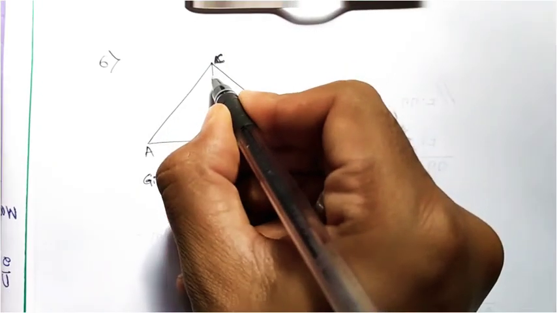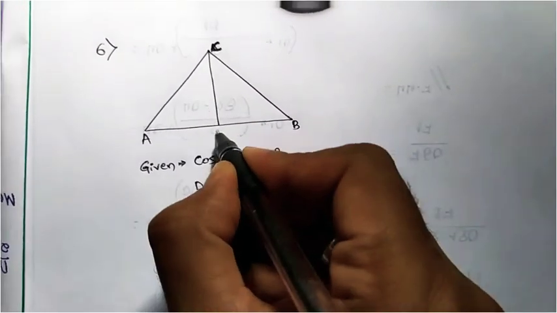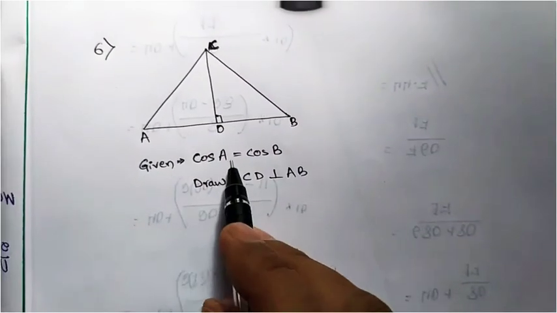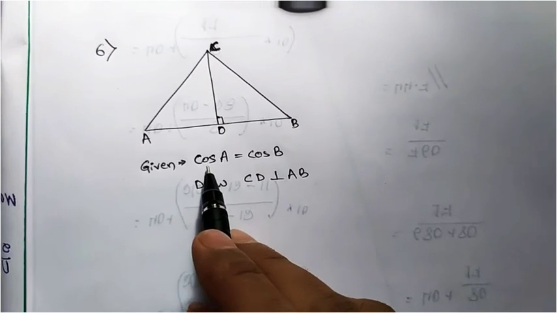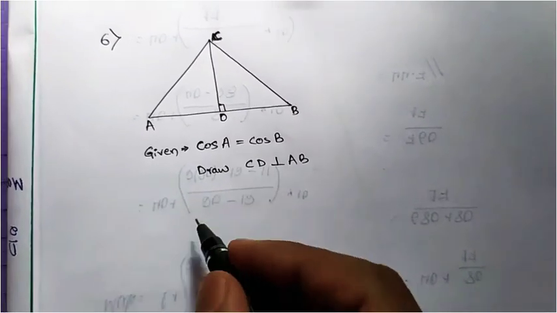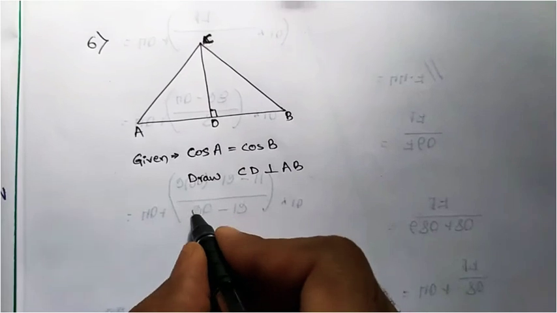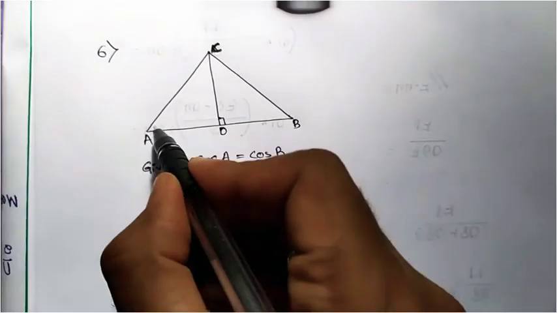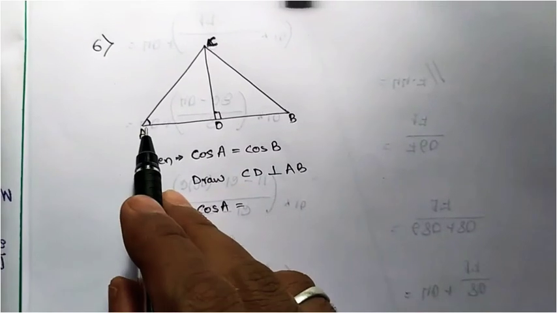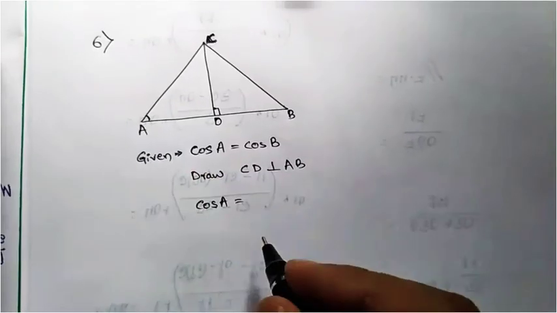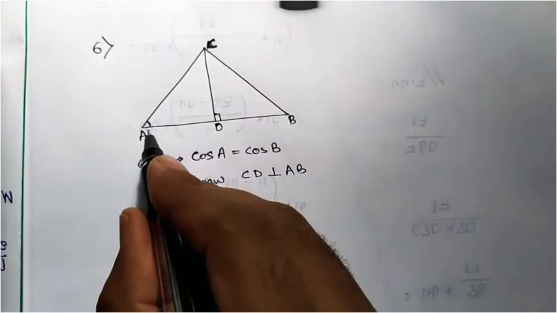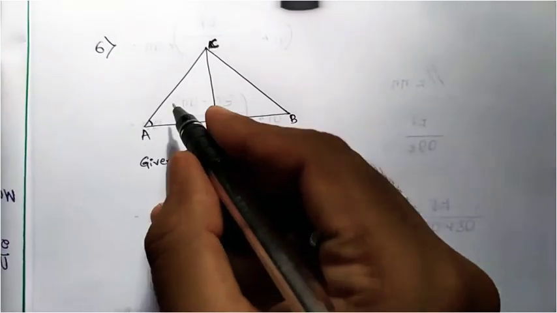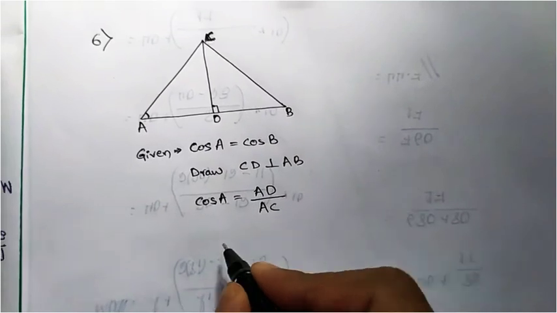So it will be CD. Now we get a right angle here, so you can easily apply cos A and cos B. Taking cos A, cos means adjacent by hypotenuse. So adjacent is AD by hypotenuse AC.